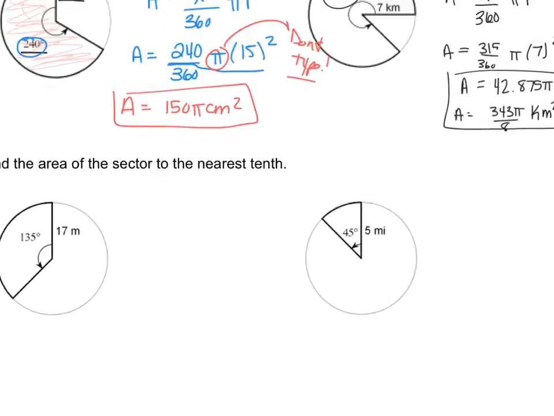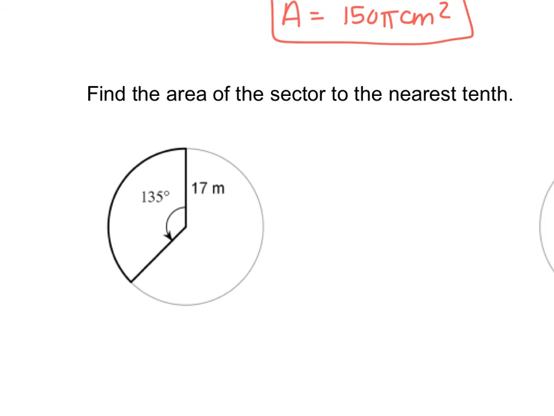Now for these two examples, it says find the area of the sector to the nearest tenth. So in this case, I actually do not want a pi in my final answer. So I do the exact same procedure, but this time I actually type everything into my calculator. We know our sector formula is area equals x over 360 pi r squared. My angle is 135.